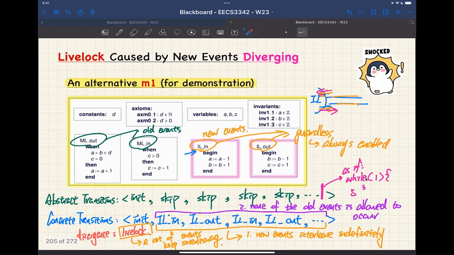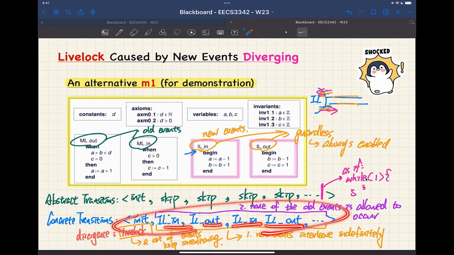There are basically two possible ways you can discover divergence. The not so effective way is looking at the model and trying to come up with a trace that illustrates an indefinite interleaving of the new events.